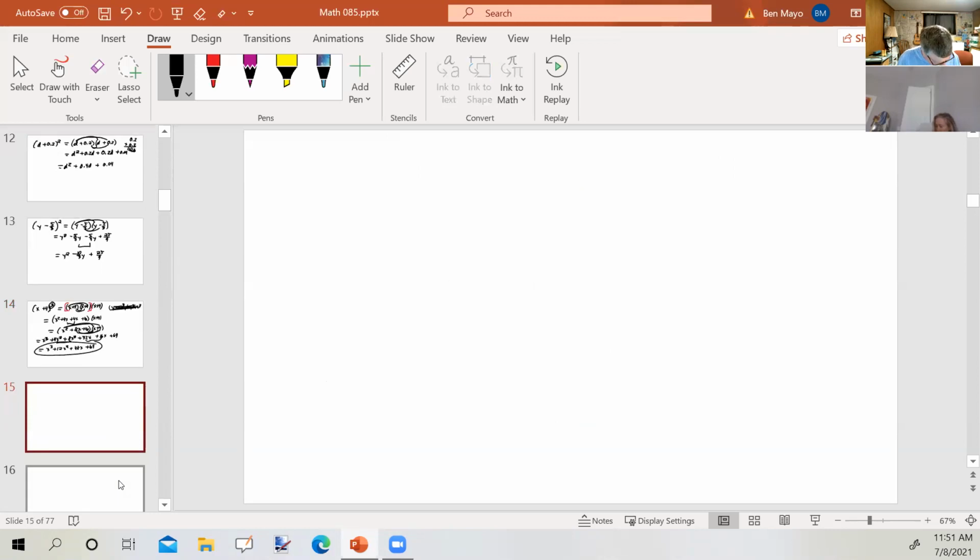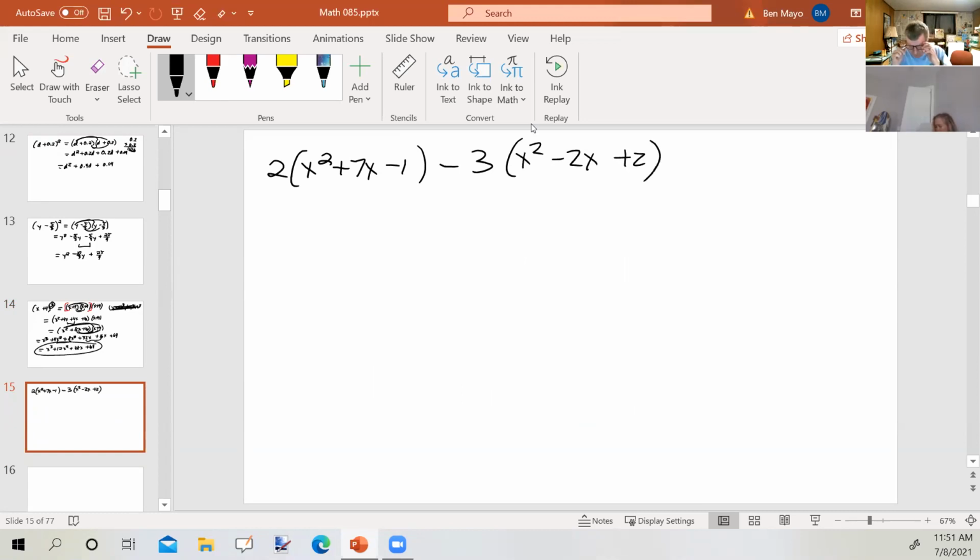Let's see here. Now we're going to kind of mix up operations. And so we've got 2 times the quantity x squared plus 7x minus 1, and then minus 3 times the quantity x squared minus 2x plus 2. Okay, so we're going to start out by multiplying, that is by distributing.